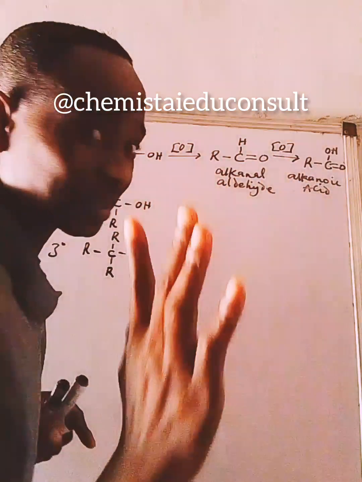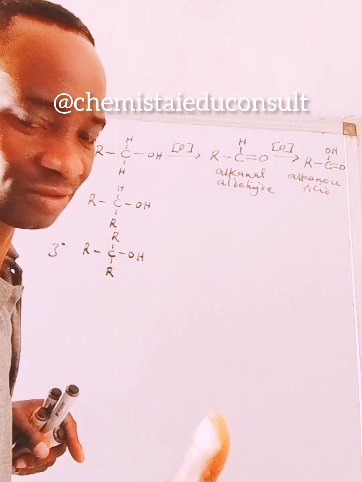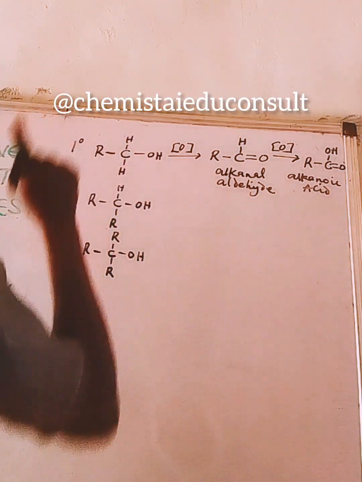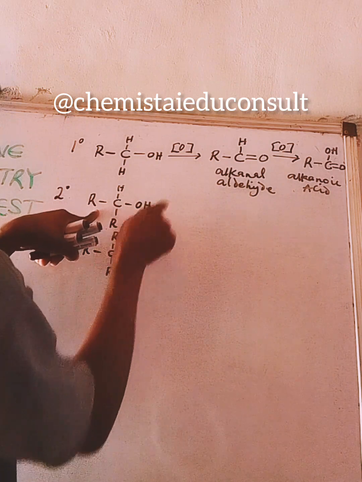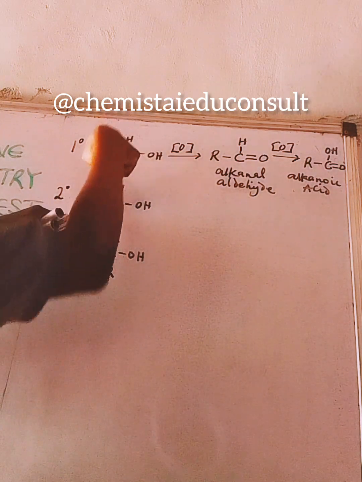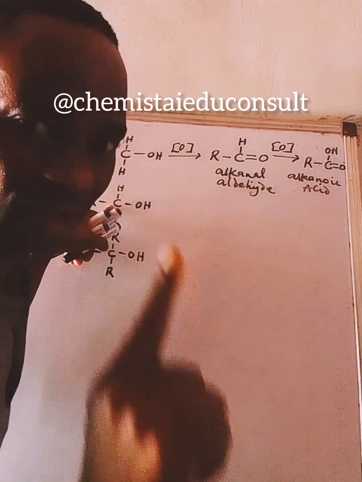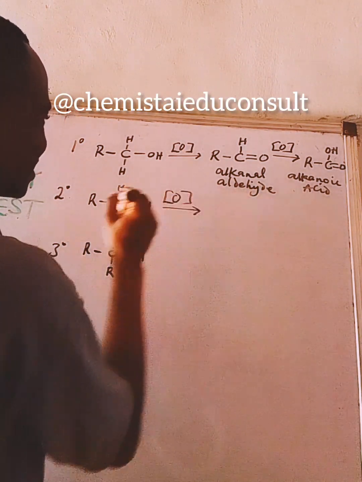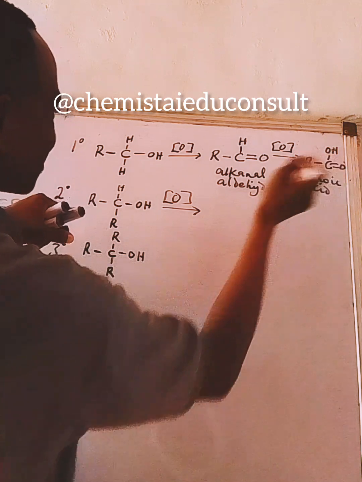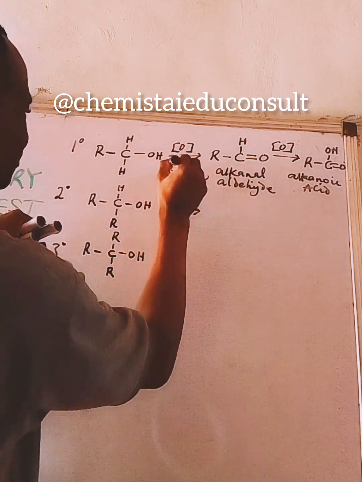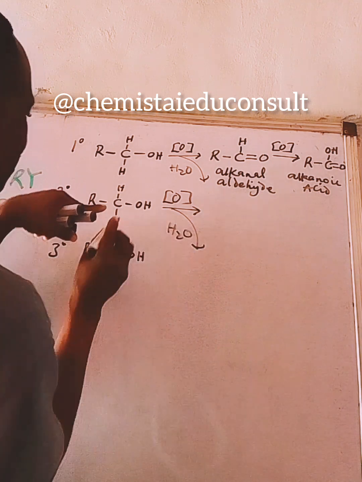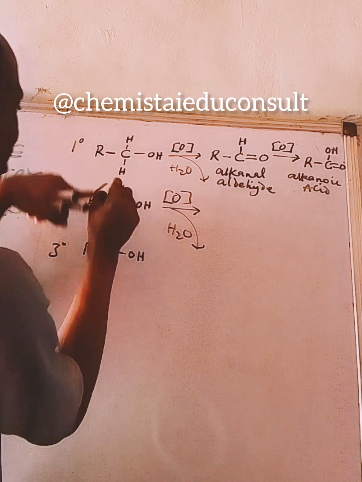This two-step reaction is possible because there are 2 hydrogen atoms attached to the carbon. This is a secondary alkanol, having only 1 hydrogen attached to the carbon. Therefore, the reaction must be one step. What is the one step? Oxygen is added. Remember, there is loss of water here, because this oxygen picks this hydrogen and this hydrogen.